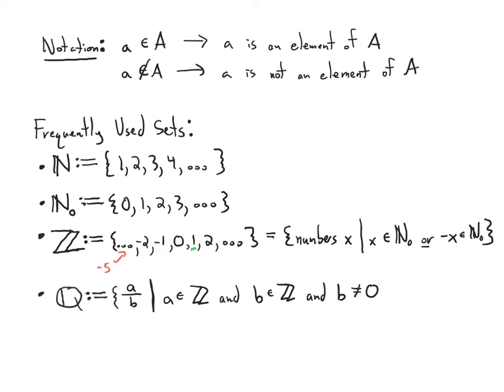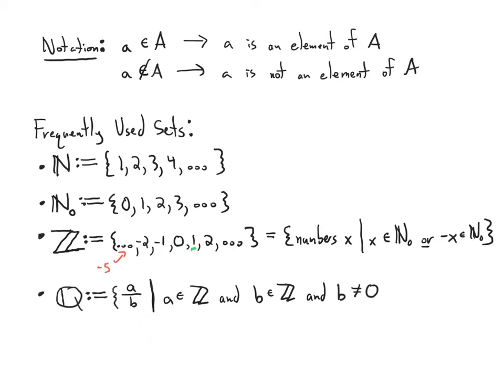And of course, you could think, well, 1 over 2 is in this set, and 2 over 4 is also in this set. They're both elements of this blackboard bold Q, but they're really the same number. 1/2 and 2/4 are the same thing. So we need a way of determining when two numbers are equal, so we don't count these as different elements.